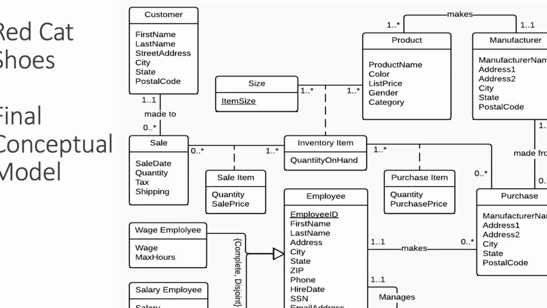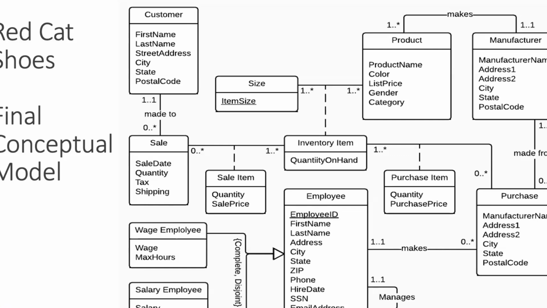Here in this example, we can see there is a customer in this business. This customer made some sales. With the cardinality, we can understand what the cardinalities are here. And each sale is related to how many items are available in that sale. So between these two, there is an association class, sale item. And each inventory item, based on the size, is related to some product.